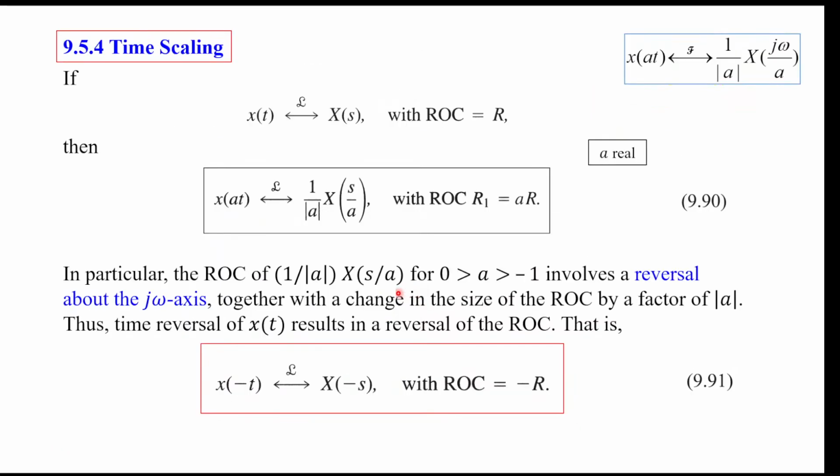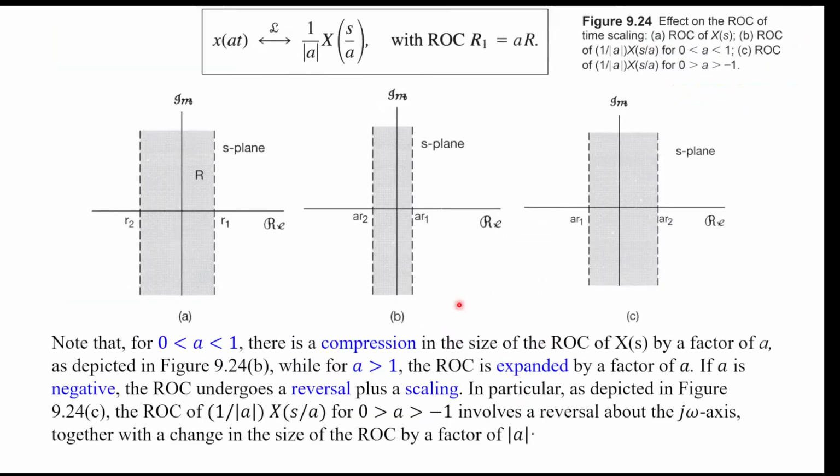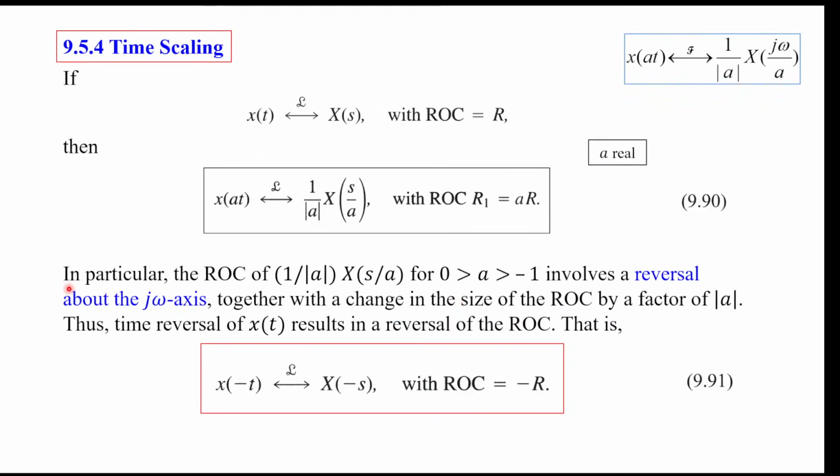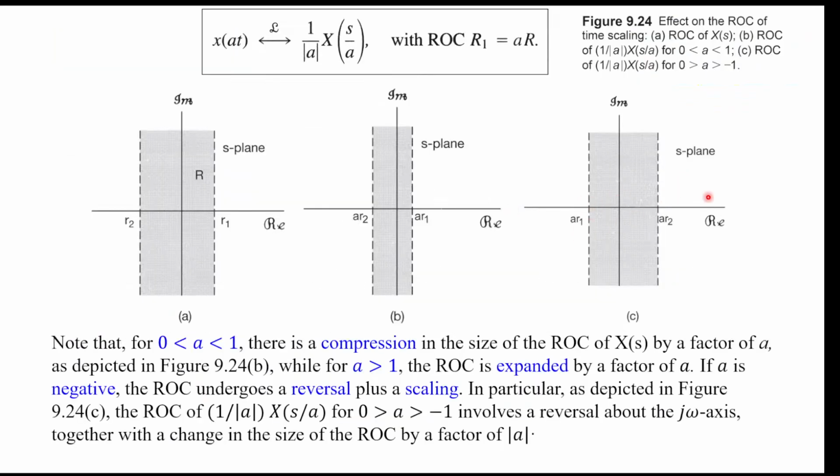And also when the value of a is negative, then it will involve some reversal in the s domain. So basically s gets a minus sign. In terms of ROC, that means the ROC will flip left and right.